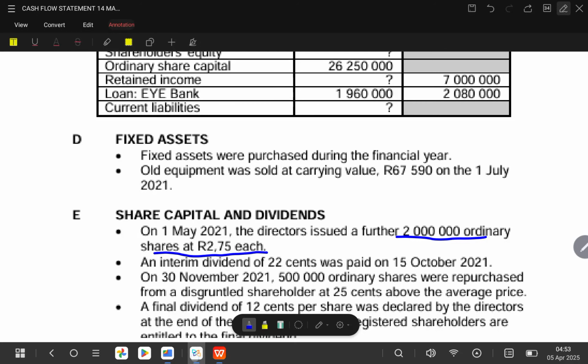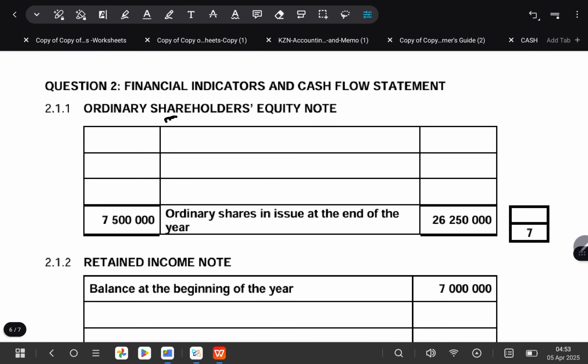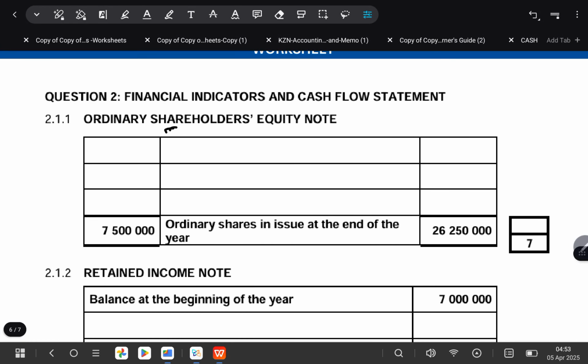So we are going to go to our ordinary share capital. Remember, this is the balance at the beginning, and this is where they are issuing. They are issuing 2 million shares, and remember they were issued at 2 rand 75.